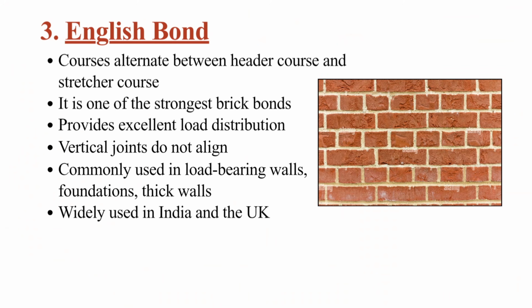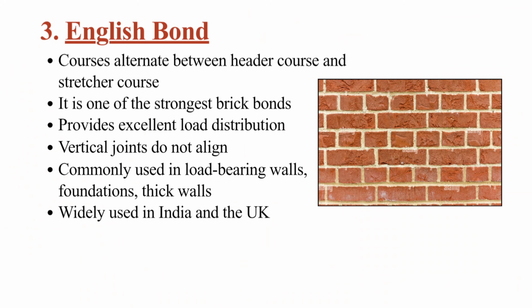Now the next type of bond is an English bond, in which the courses alternate between the header course and the stretcher course. Header course means the shorter face of the brick and the stretcher course means the longer face of a brick. It is one of the strongest brick bonds, providing excellent load distribution.